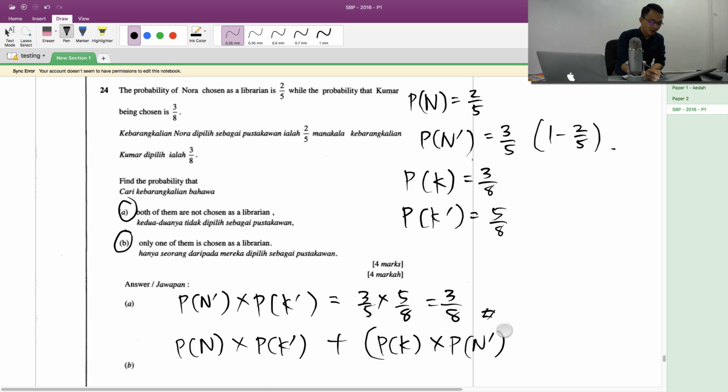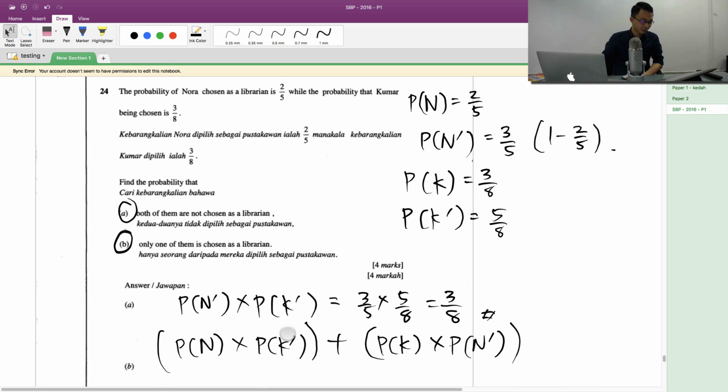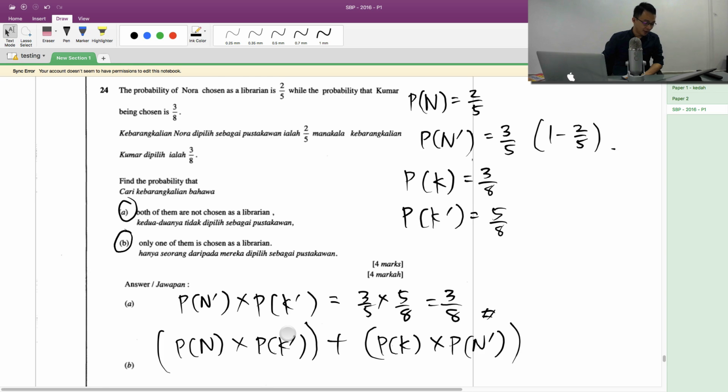Then I add together. I can write at the bottom maybe. This is 2 over 5 multiply, not chosen is 5 over 8. Because they are the same case, that's why we use multiply. Plus, if Kumar is chosen, it is 3 over 8, multiply with Nora is not chosen, 3 over 5.